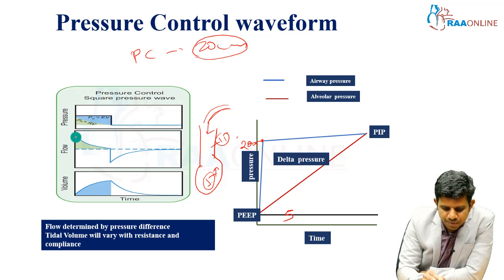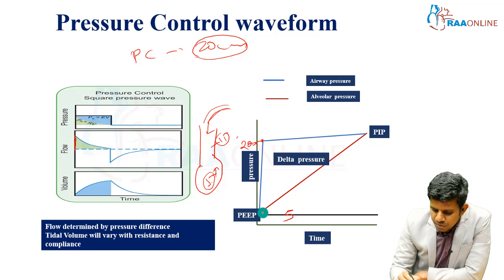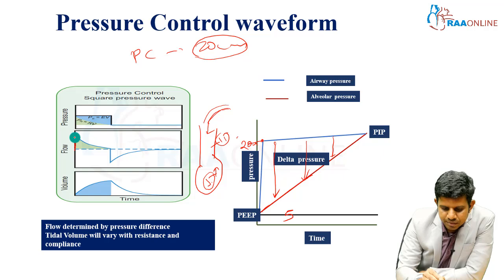In pressure control, at the start of inspiration, the flow will be maximum. Once the alveoli start filling, the intra-alveolar pressure starts increasing and the pressure difference decreases. As the pressure difference decreases, my flow will decrease.